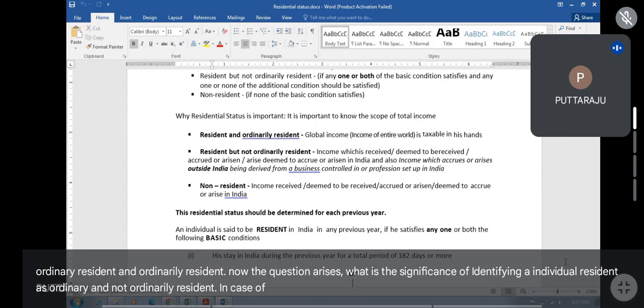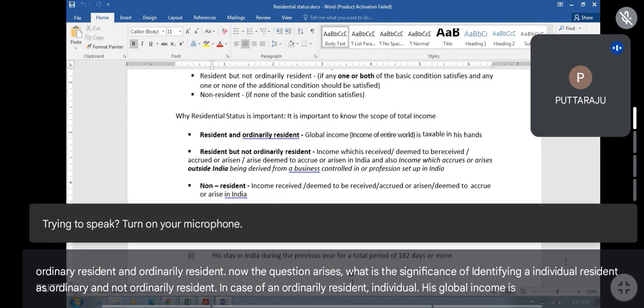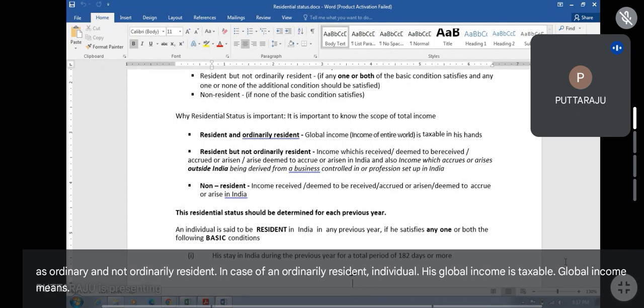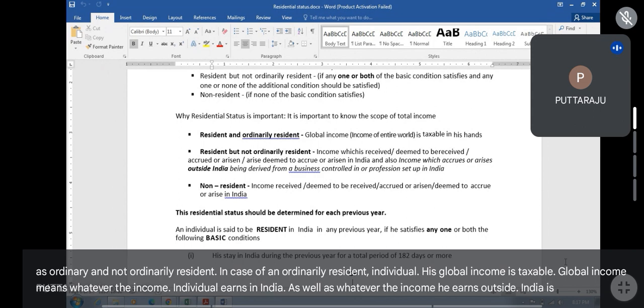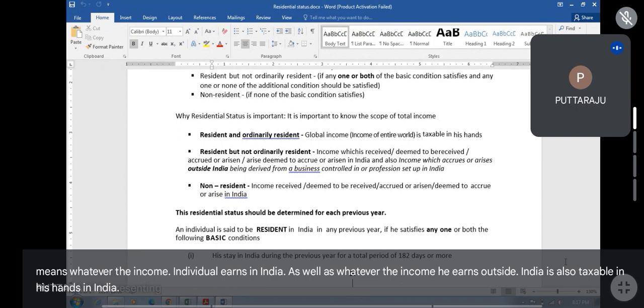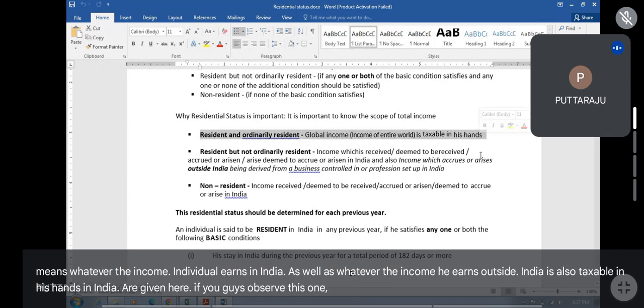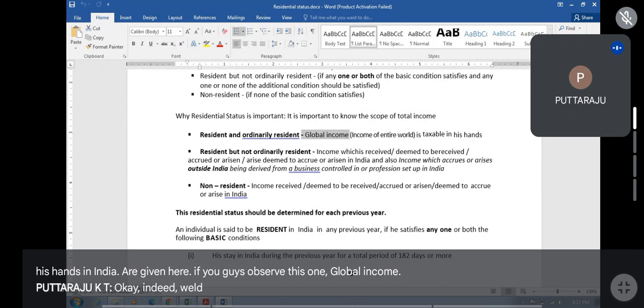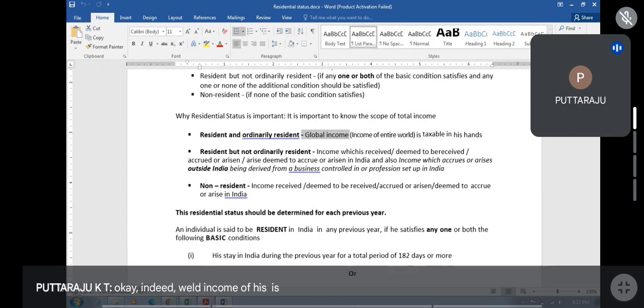In case of an ordinarily resident individual, his global income is taxable. Global income means whatever income the individual earns in India, as well as whatever income he earns outside India, is also taxable in his hands in India. Entire world income of his is taxable.